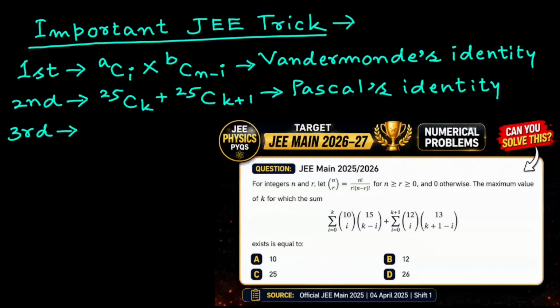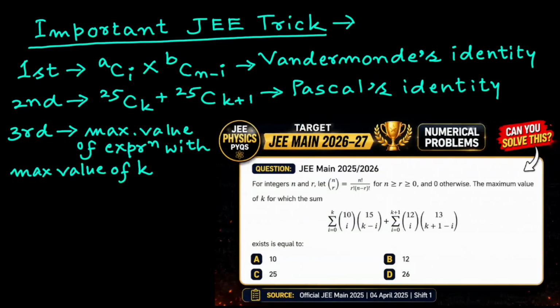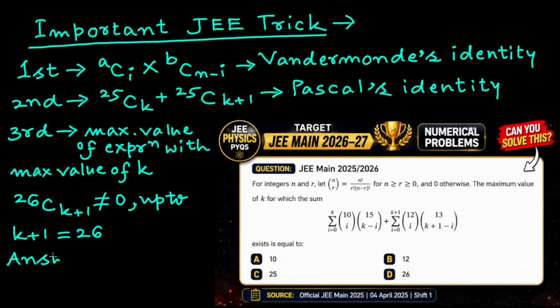Third, and this is the most important point in this question, don't confuse the maximum value of the expression with the maximum value of k for which the expression is non-zero. Here we only need the largest allowed lower index. Since 26C(k plus 1) is non-zero up to k plus 1 equals 26, therefore the answer is k equals 25.